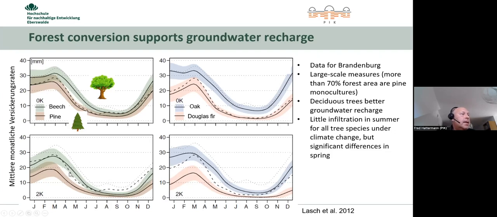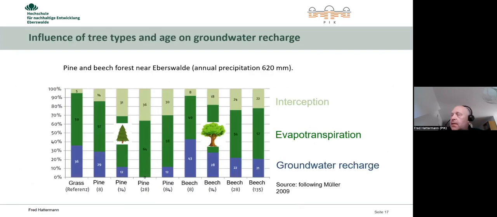Yeah, and even under climate change conditions, there is a gain by converting the area from pine forest to mixed forest, for example. And because it is such a share also of the landscape, I think that this will really have an effect on a river basin scale.